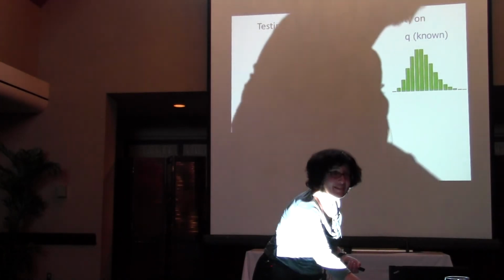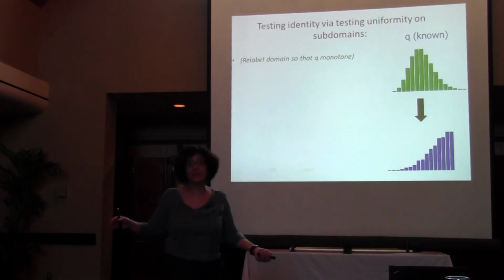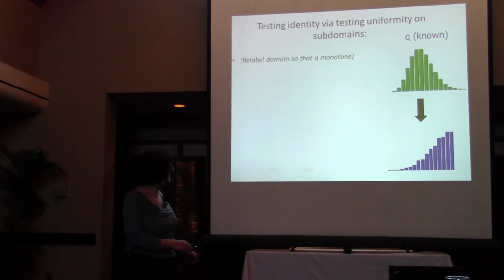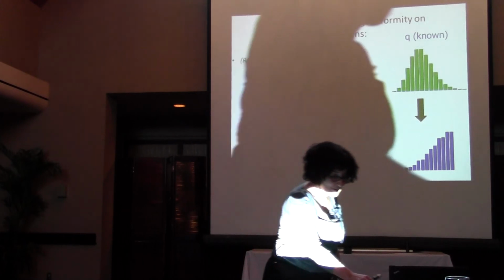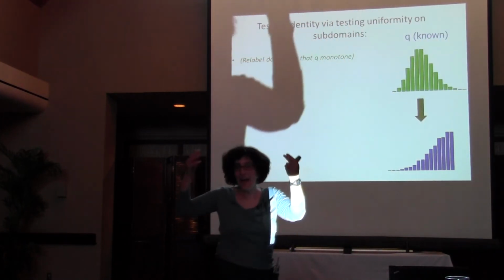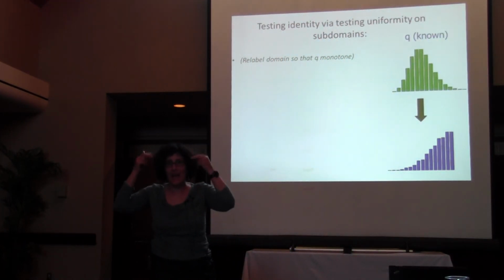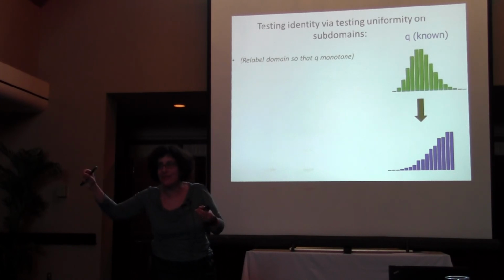Now, just for the purpose of this slide, the algorithm doesn't actually need to do this, let's sort Q. We just relabel Q so that Q is monotone, and since I know Q, I can write down what the relabeling should be.